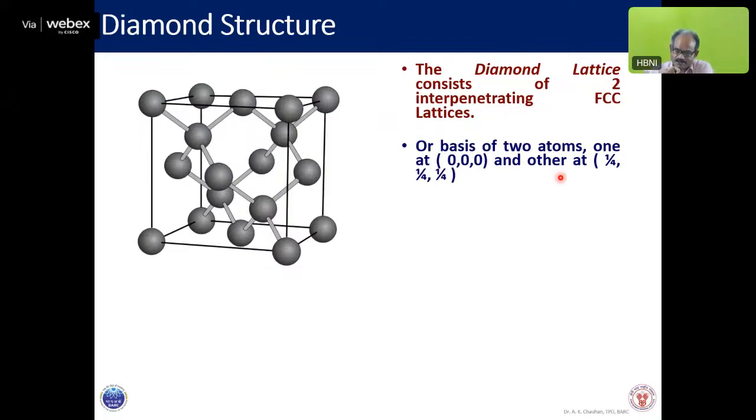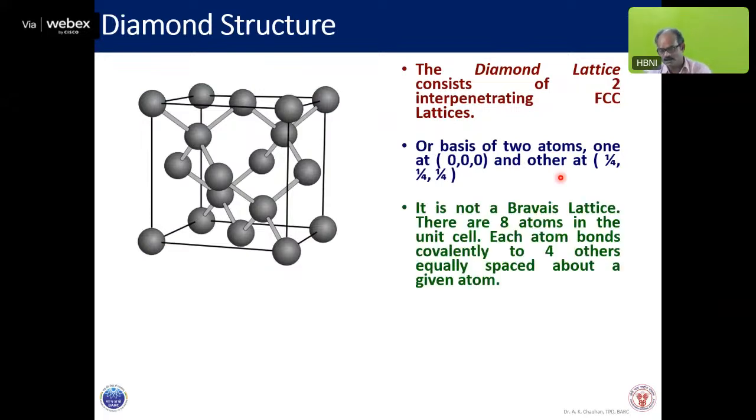So in the diamond structure, when I bring another lattice of a similar structure but displaced by 1/4, 1/4, 1/4, I can say that these two atoms at 0, 0, 0 and 1/4, 1/4, 1/4 make one basis. Then, in the same direction, I can keep on adding at each point, and I will get this structure. So then I can call it an FCC structure. So the diamond structure is an FCC structure.